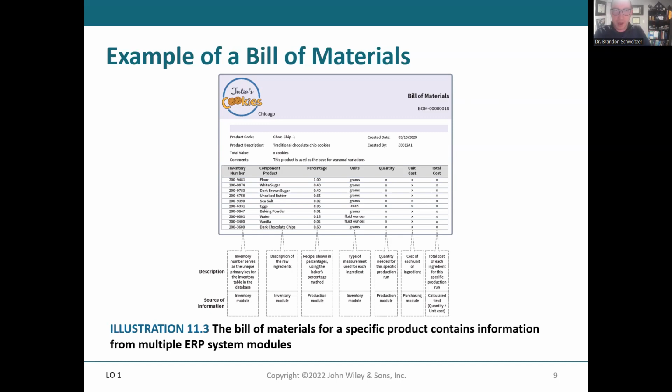Then we have the component product description of what it is, the percentage or amount being used of each unit, and of course the unit measurement, quantity, unit cost, and then total cost.